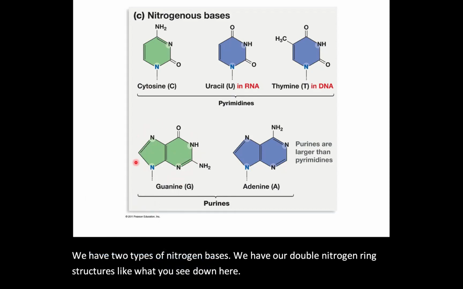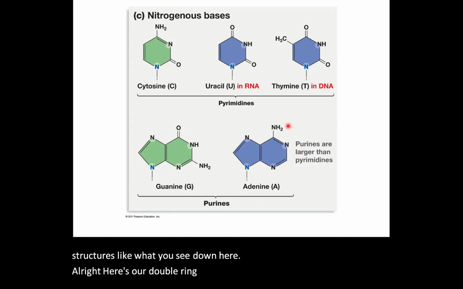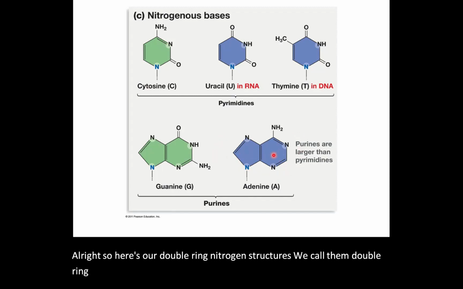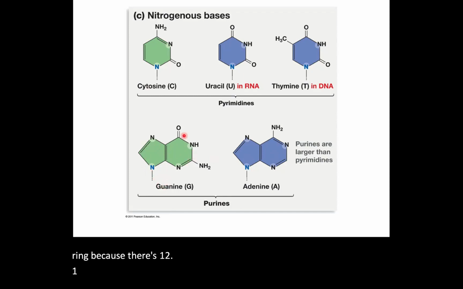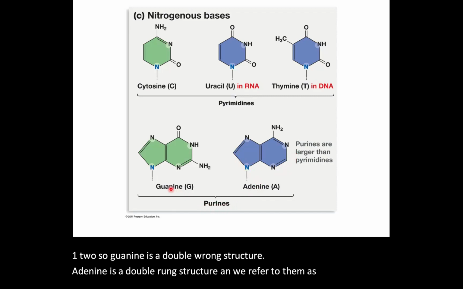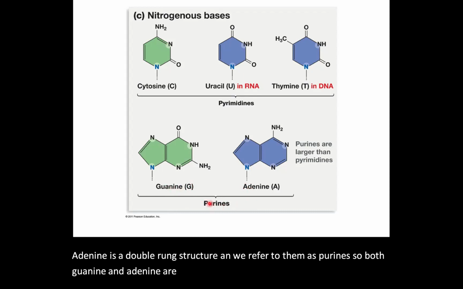We call them double ring because there's 1, 2. Guanine is a double ring structure, and adenine is a double ring structure. We refer to them as purines. Both guanine and adenine are purines, double nitrogen ring structures.